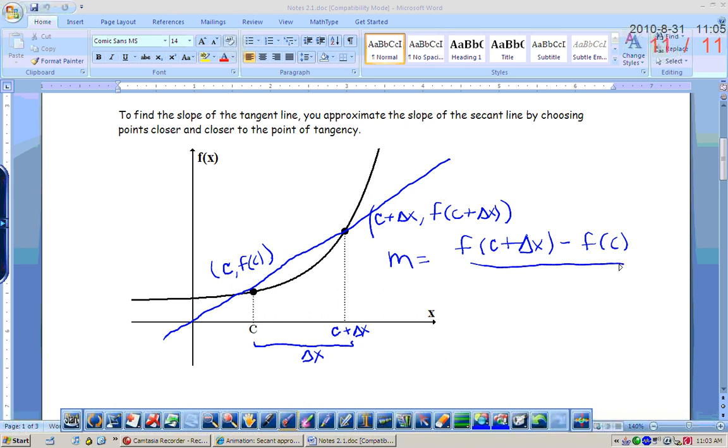And then I'm going to divide by my difference in x values. So my two x values are c plus delta x minus c, which the bottom can definitely simplify to just delta x.